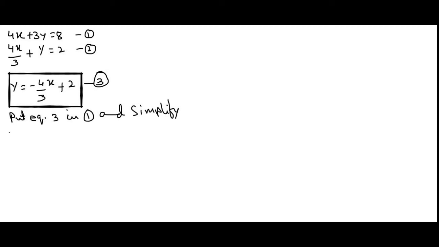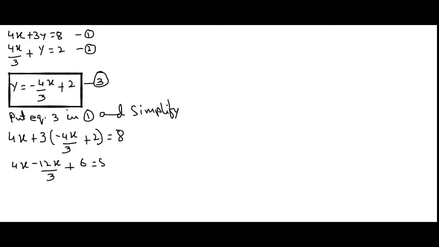So 4x plus 3 times minus 4x over 3 plus 2 is equal to 8. 4x minus 12x over 3 plus 6 is equal to 8. 4x minus 4x is equal to 8 minus 6.